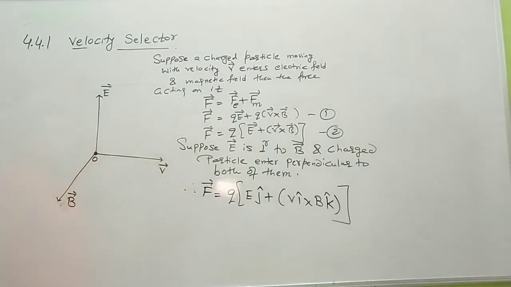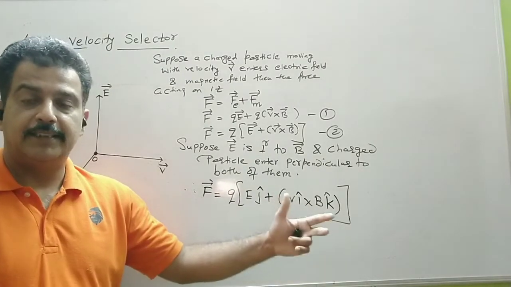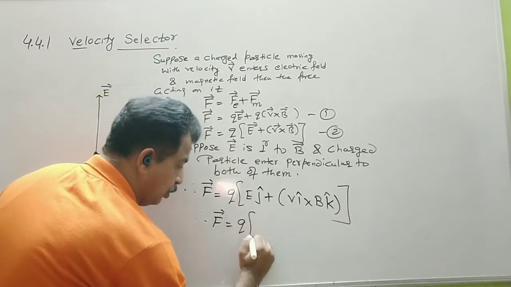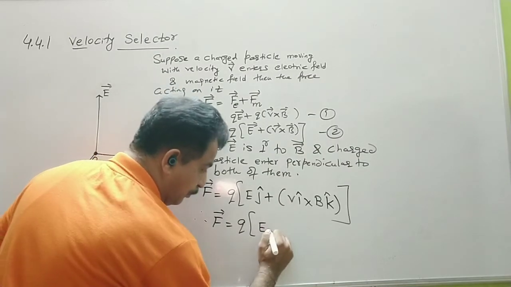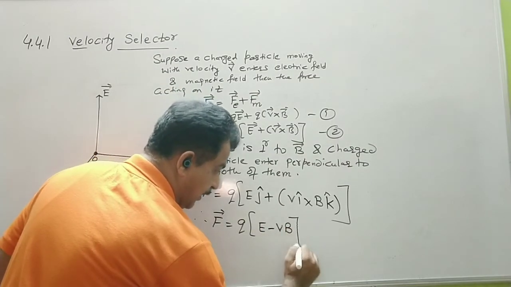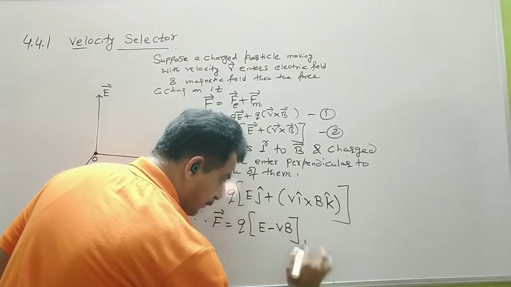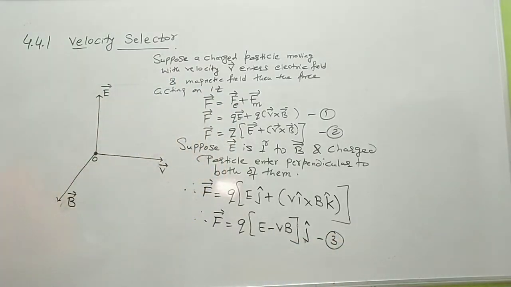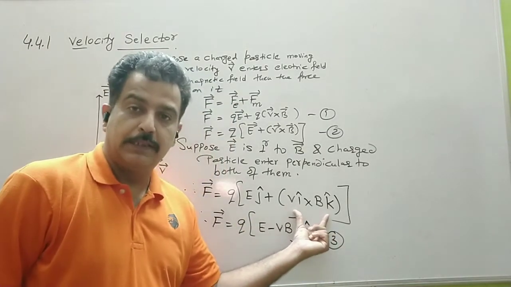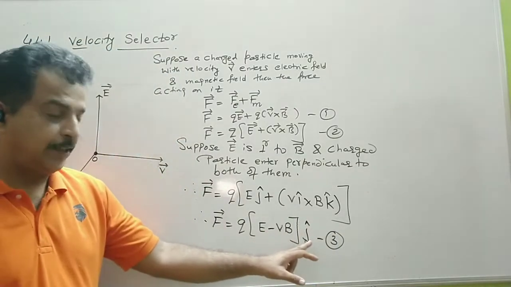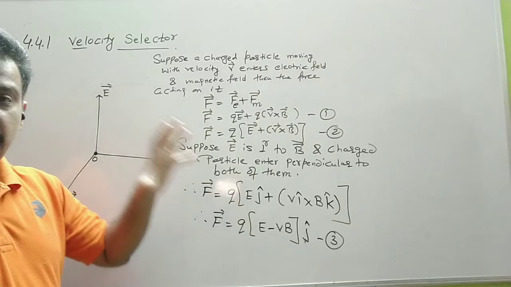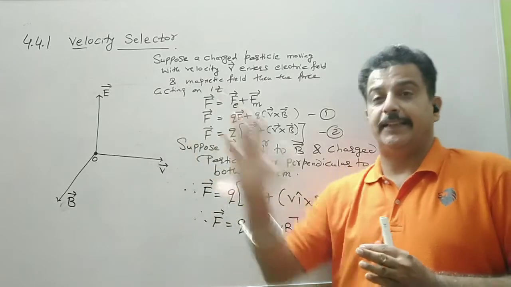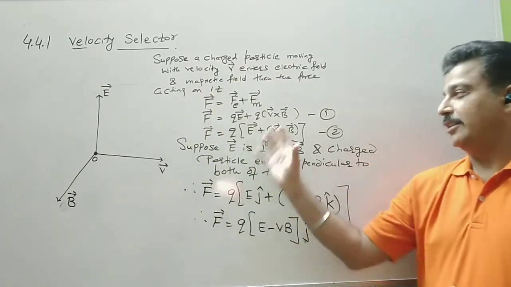So we have i cross k, that is minus j, and therefore F is equal to Q (E minus VB) j cap. It means if I consider only the magnetic force, the direction will be along negative y-axis. If I consider only the electric field, then the electric force is along the y-axis.